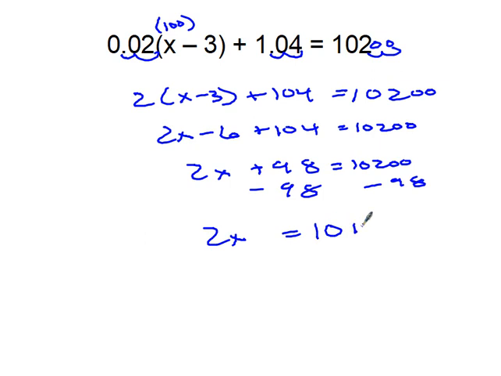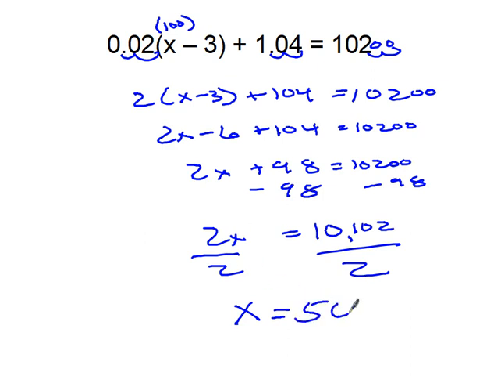That's 10,102 divided by 2. Okay, let's see. 10,102 divided by 2. I'm thinking 5,051. Trying to save time for the video so you guys don't have to watch me divide. Yeah, that looks good.